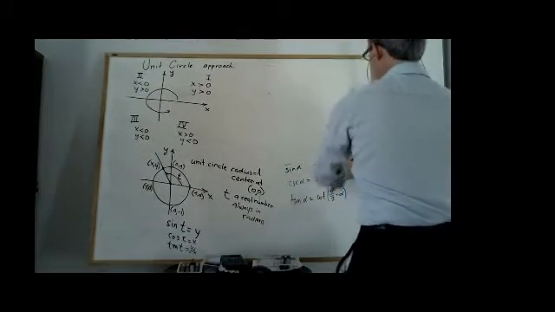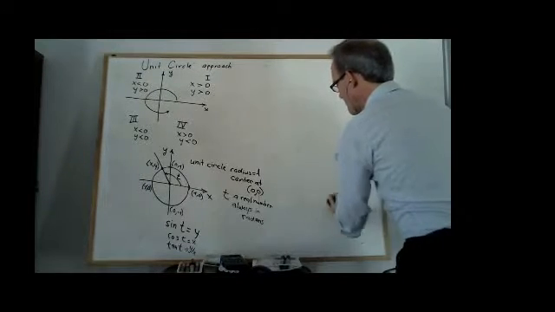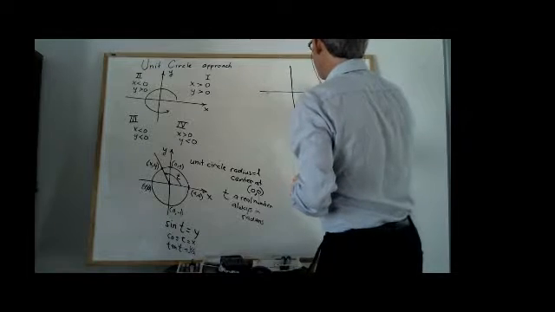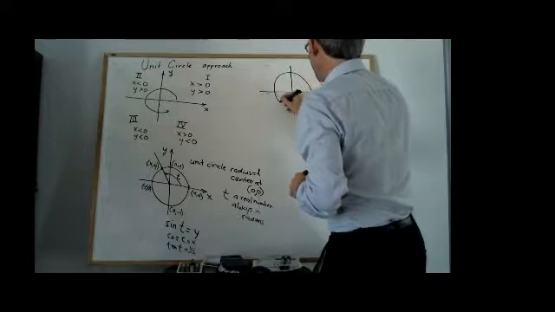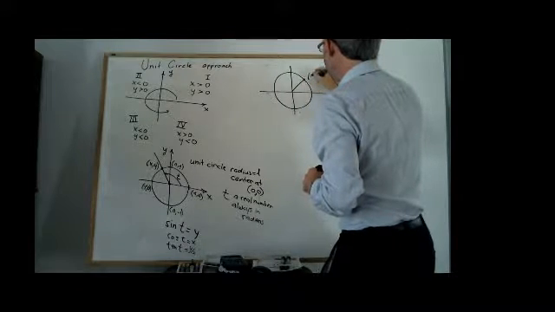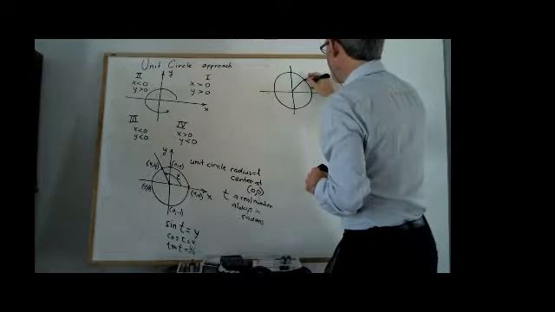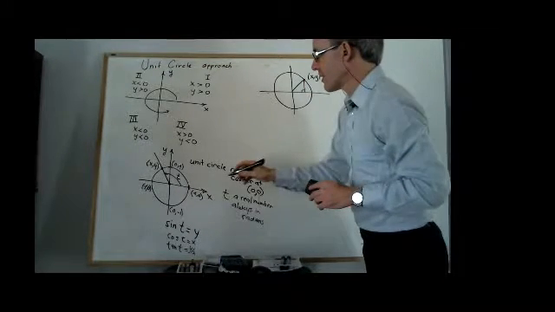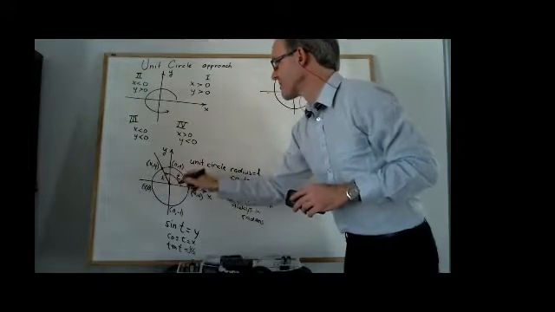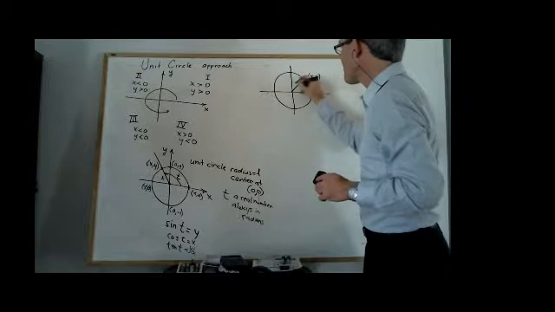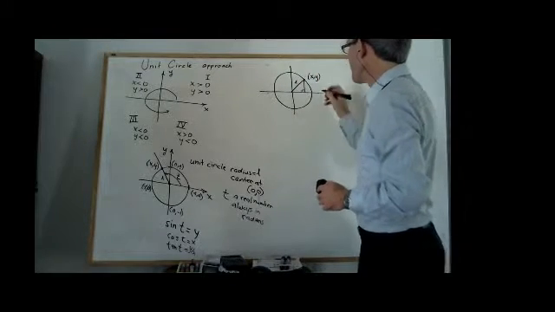Why is that? Well, when we do this in the first quadrant, it's easy to see why. So here's the unit circle. In the first quadrant, here's our point x, y. If we drop the perpendicular from that and get a right angle triangle, the unit circle has radius 1. That means the length of the ray from the origin to where it intersects the circle is 1.